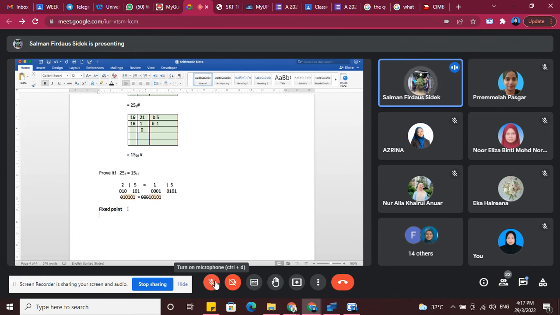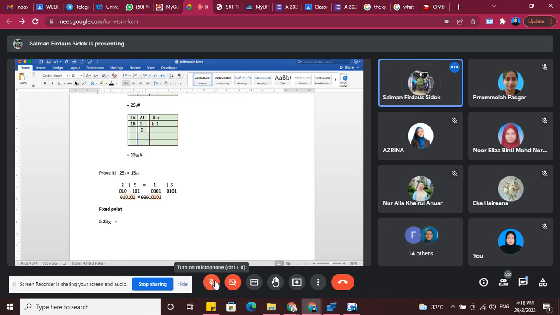Let's say we have 5.25. The first step, if you want to convert this number into binary.